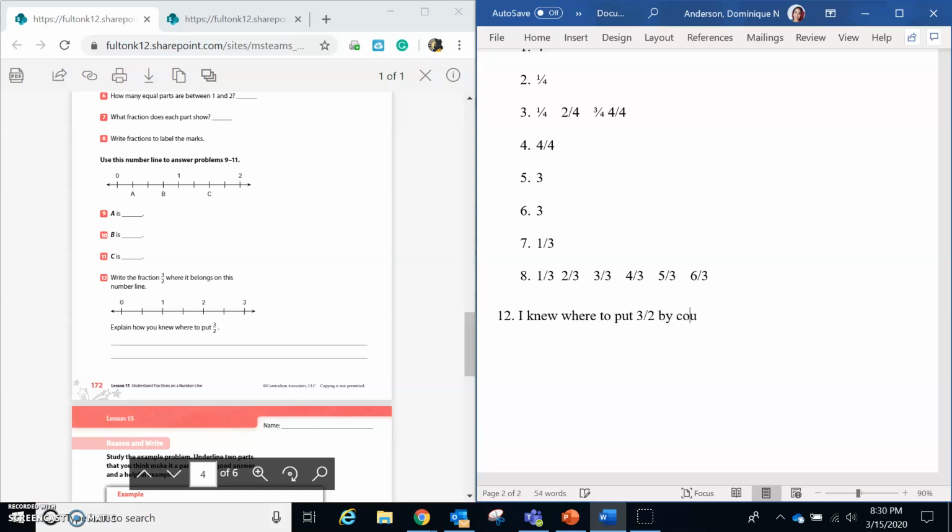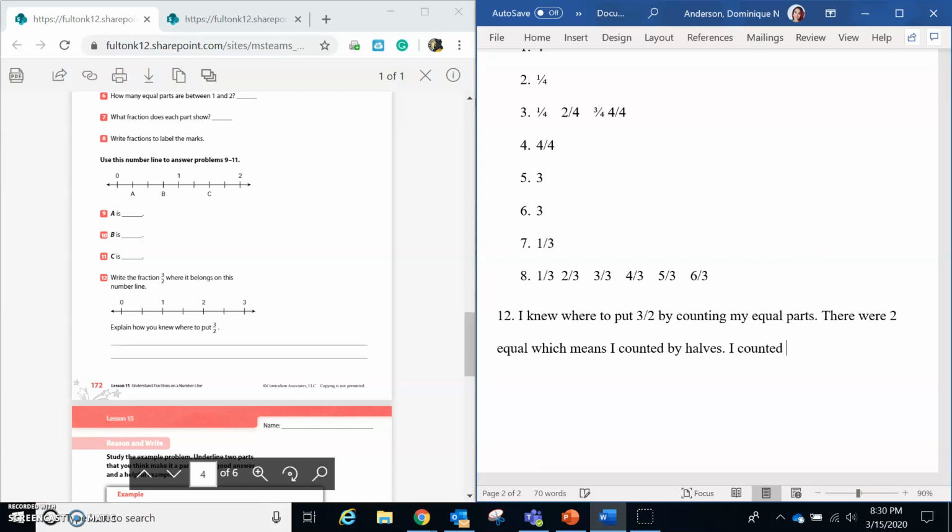So by counting my equal parts, we had 2 equal parts, which means we counted by halves.